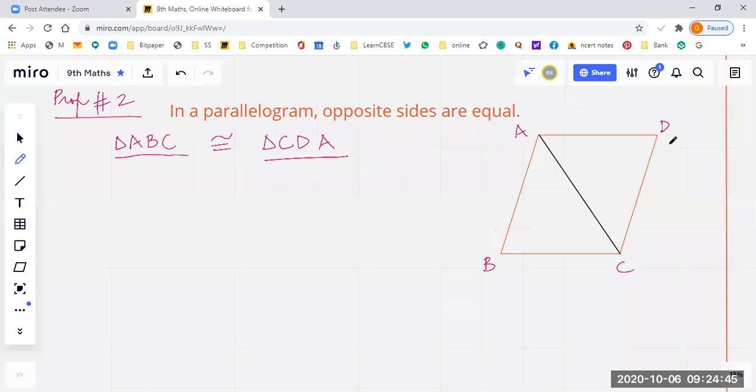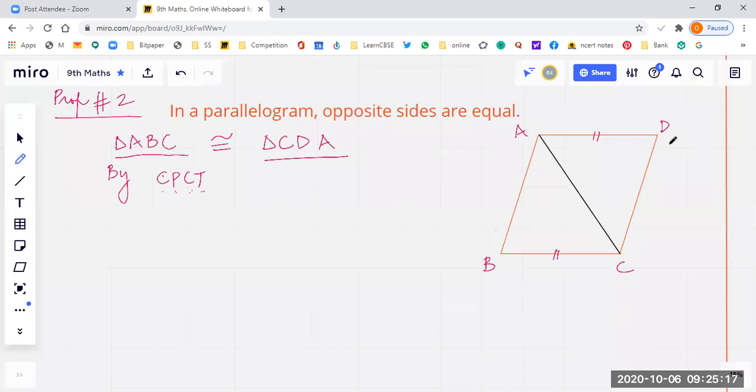So since students, you have already proven that the diagonal AC is dividing the parallelogram into two congruent triangles, and you see in these two triangles, by CPCT, corresponding parts of congruent triangles, BC and AD are the corresponding parts.